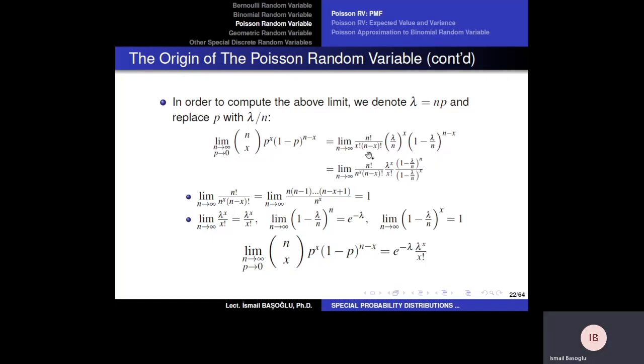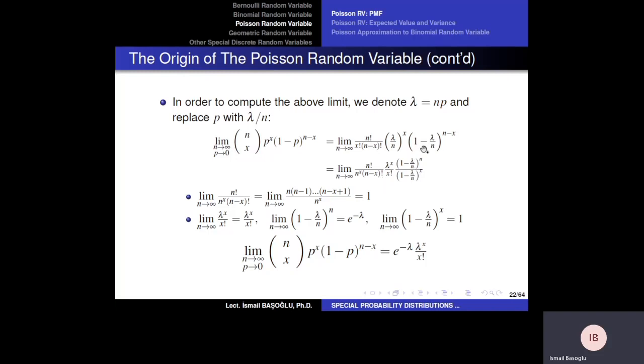Now, in order to take the limit, we are going to make some arrangements in this function. First of all, lambda to the power x and x factorial can be written as the same component, lambda to the power x over x factorial. So x factorial is taken here, and n to the power x is taken here, as you can see. Then n factorial divided by n to the power x and n minus x factorial.